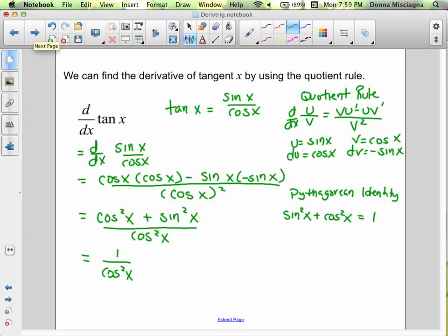cosine squared x. So now I've got a quotient. Maybe I don't want it to be a fraction like this. Maybe I want it to be a single term. So if we think about that, what is 1 divided by cosine x? Well, this is a reciprocal identity. What is the reciprocal of cosine?